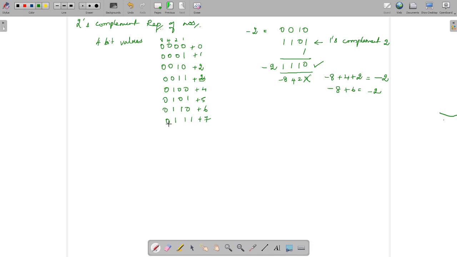Now let's see the patterns here. The other possibilities are written, and also let's see what these numbers are equivalent to in decimal.